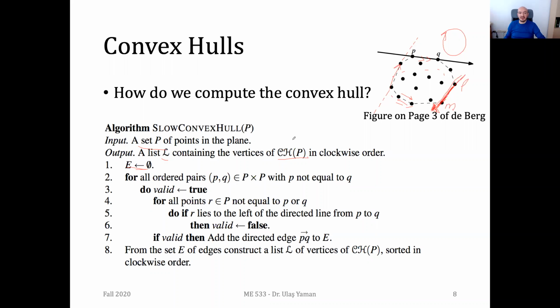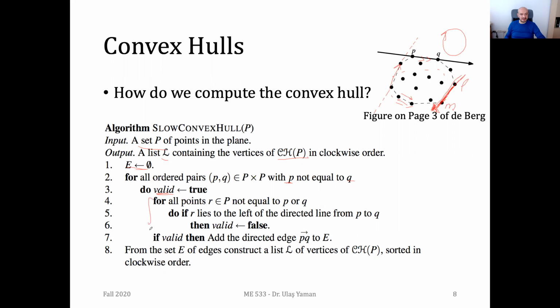So we need to have all the ordered pairs of P times P, and obviously P shouldn't be equal to Q, otherwise we cannot draw a line, it would be a point. Then we have a condition for valid. This is a Boolean value. If it's true, we continue doing these operations.